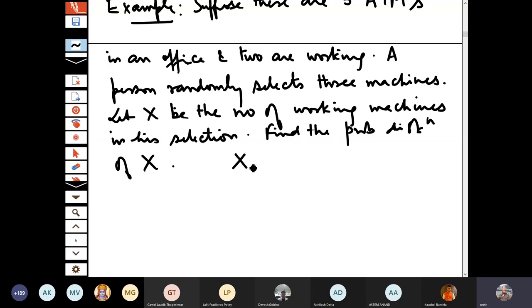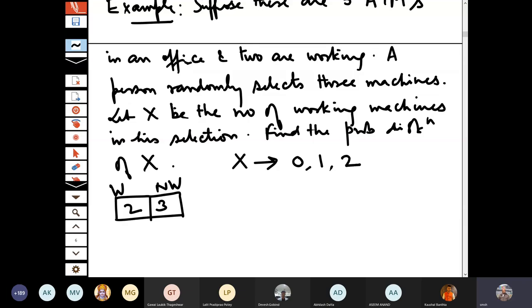So what are the possible values of X here? You have the collection that there are a total of 5, and out of that you have 2 working machines and 3 non-working. And there have been 3 selections. So it could be that none of them are working, it could be that one is working, or it could be that 2 are working.